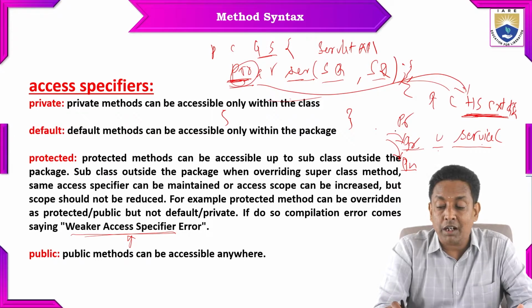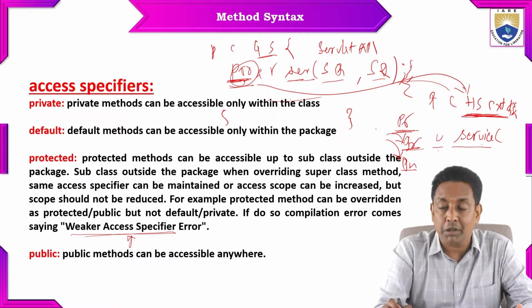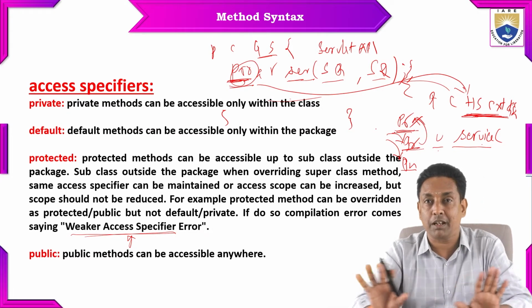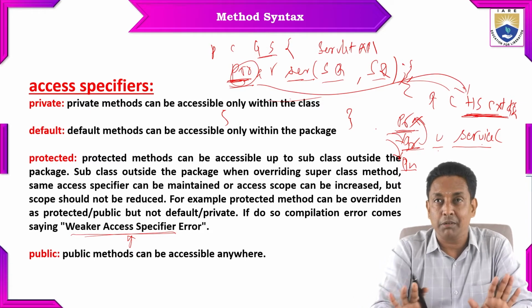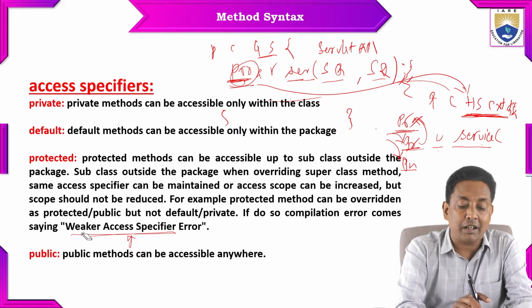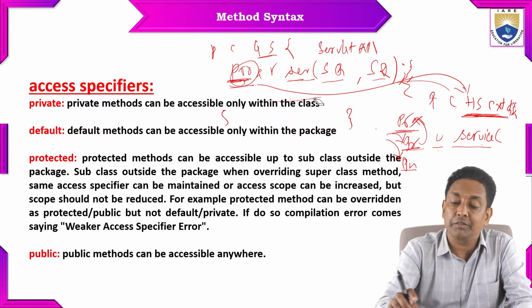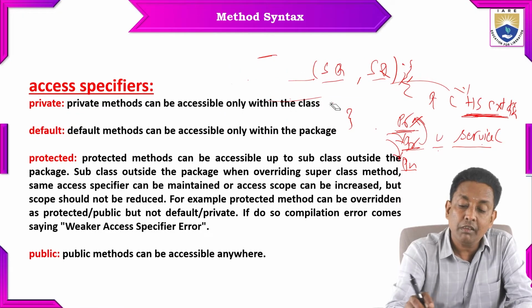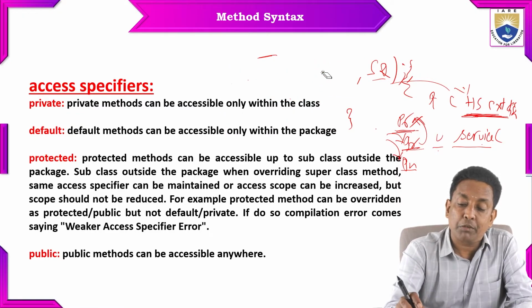You should either override it with the same access specifier or increase the scope to public, but not reduce the access scope. The compiler gives a little description about the compilation error, but ultimately, the error name is weaker access specifier error. So that is about protected.